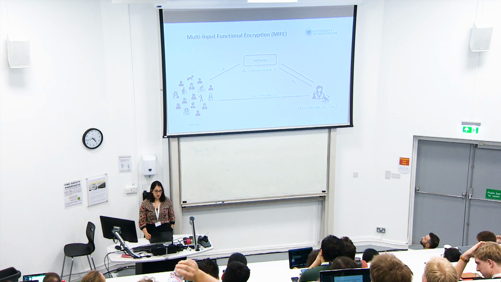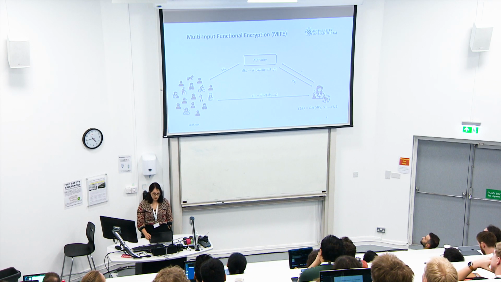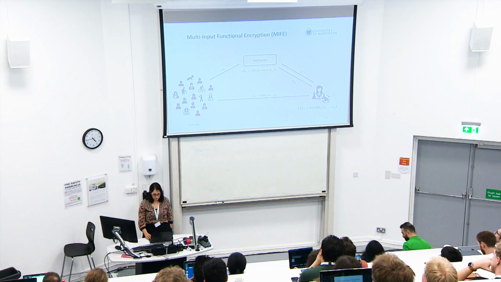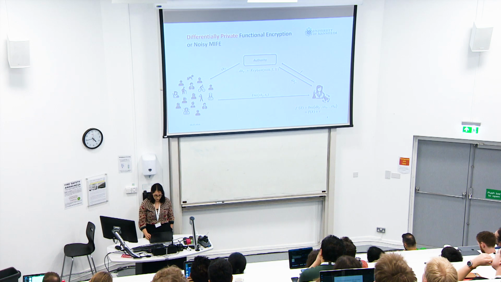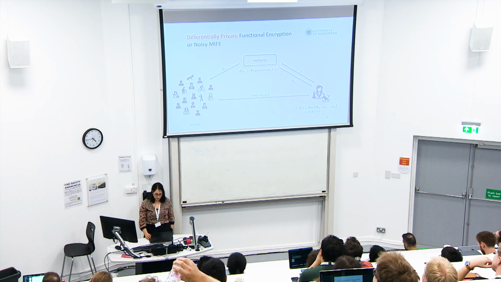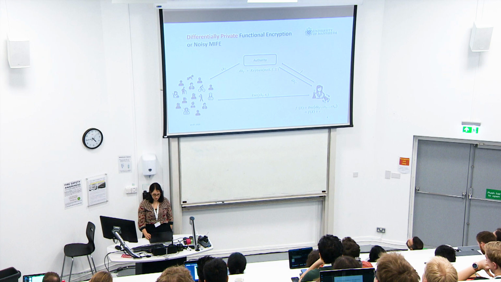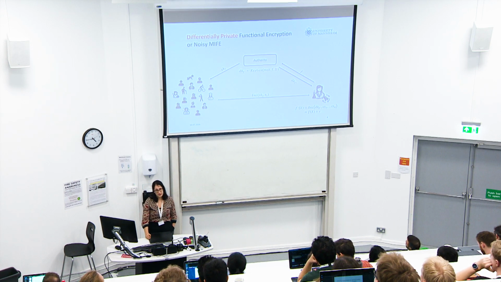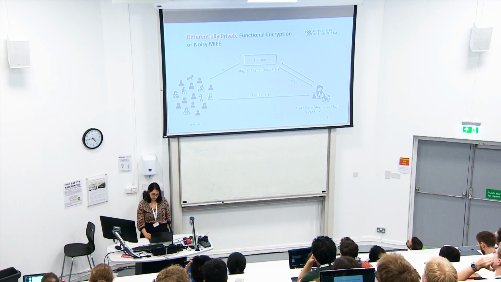And our question was, how can we use it for privacy-preserving analysis? Basically, how can we encode the noise, the randomness for differential privacy? So we present a new primitive that we call noisy multi-input function encryption, or differentially private function encryption. Here, in the key generation process, noise is sampled according to a distribution D that is associated with the function f.